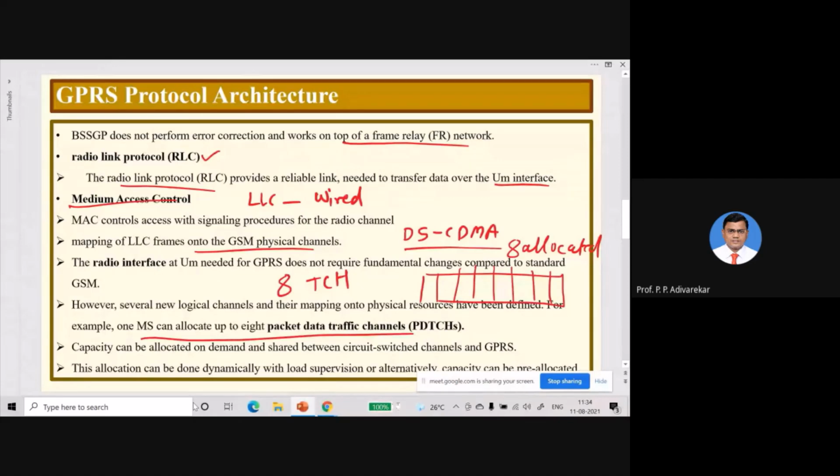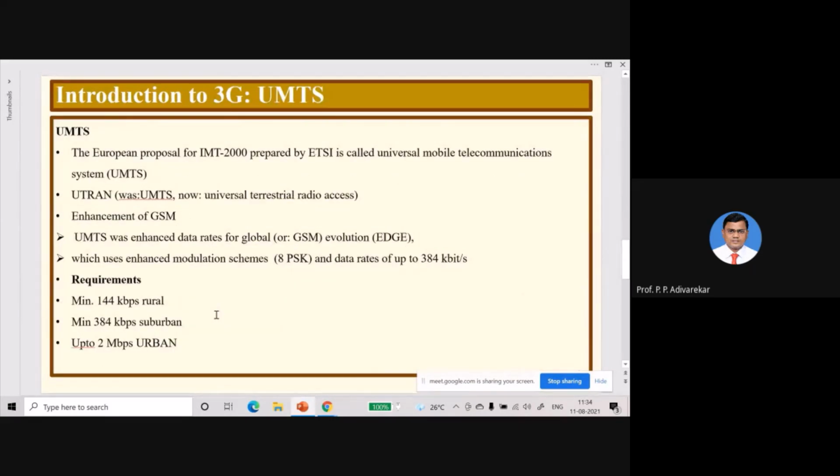Let us move forward and see the next generation of GSM evolution, that is the third generation. We are going directly towards the third generation, but before that there was another generation, implemented to improve the data rate up to 384 kbps.